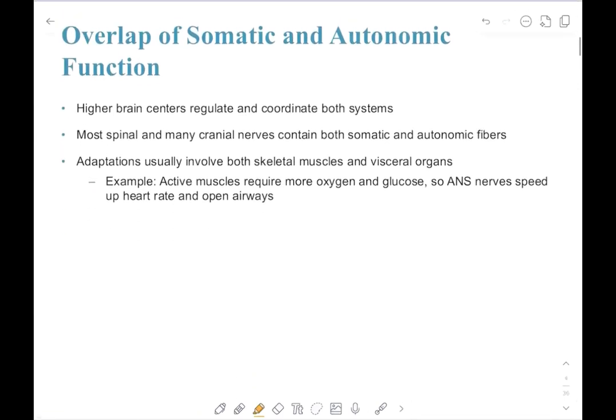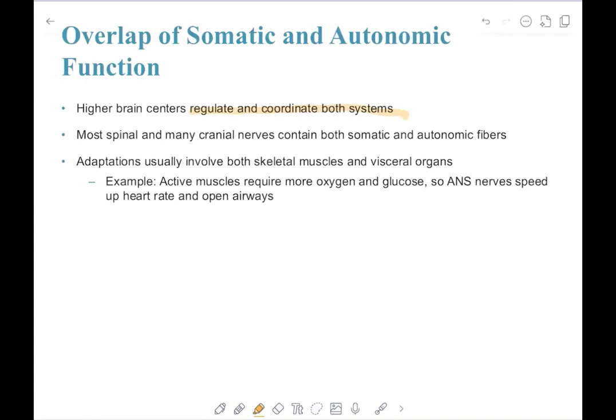There's an overlap of the somatic and autonomic function in that the higher brain centers can regulate and coordinate both systems. And most spinal and cranial nerves are going to control both as well. And you're going to learn later on about something called biofeedback, where our higher brain cortex has an ability to affect the autonomic nervous system.